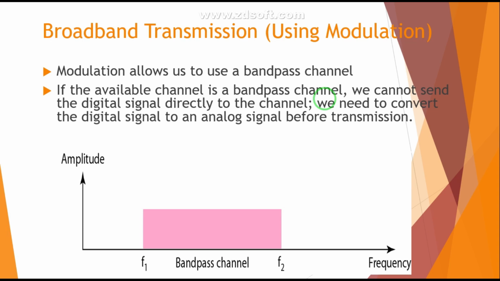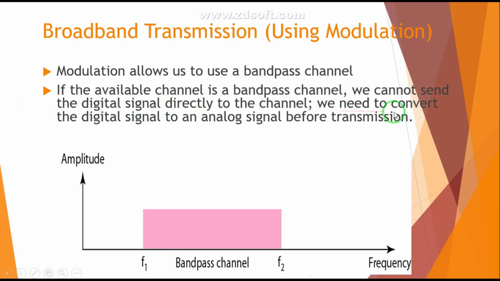Broadband transmission, which is also called band pass transmission, has a bandwidth between f1 and f2. Band pass, it has a particular band. If the available channel is a band pass channel, we can't send the digital data signal directly to the channel.